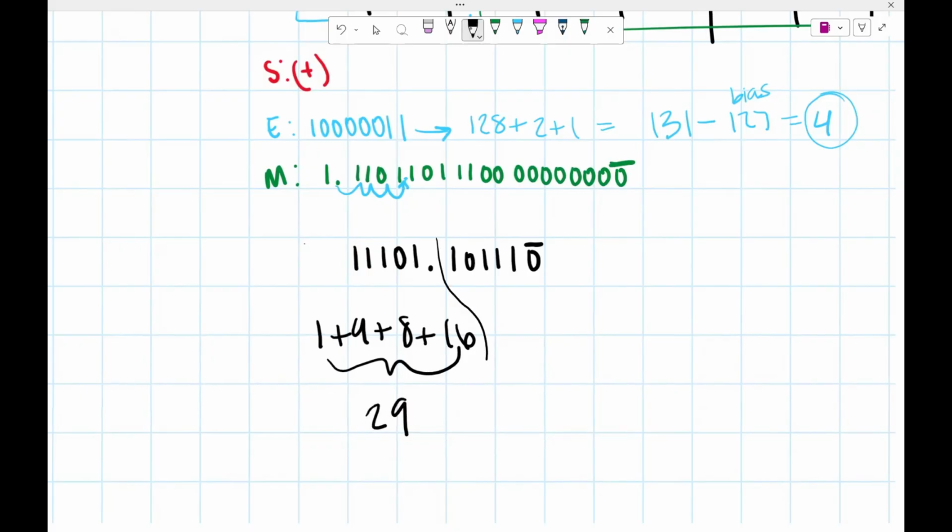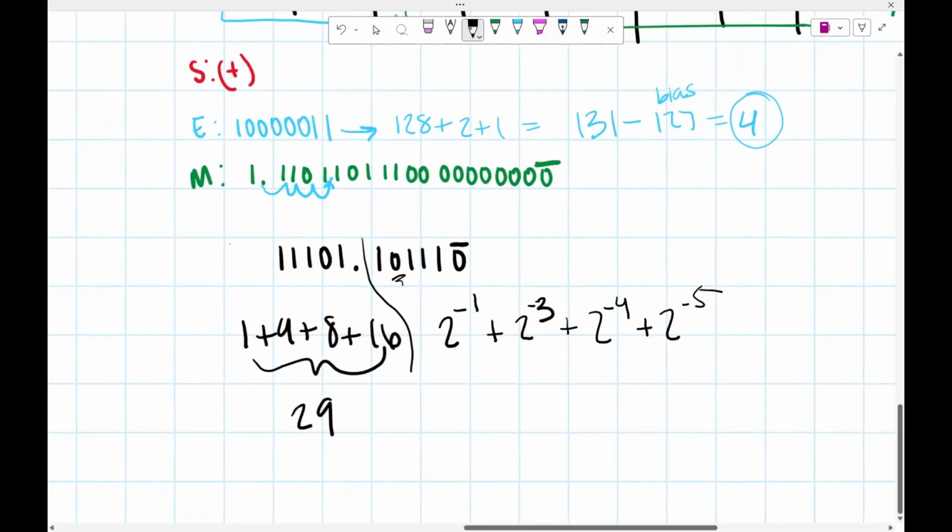And then this part is going to be 2 to the negative power of 1 plus 2 to the negative power of 3, because we skipped that, plus 2 to the negative power of 4, 2 to the negative power of 5.